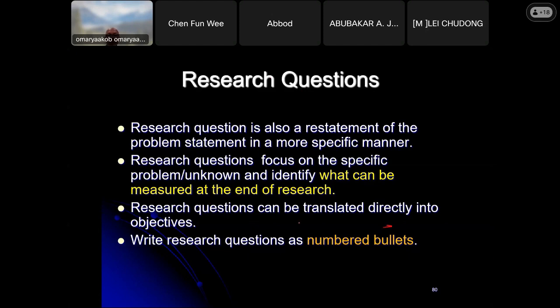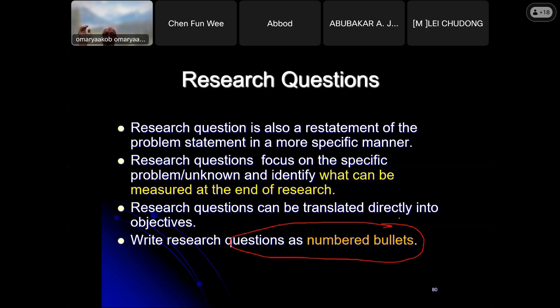This one I see many students make mistakes here. Research questions and objectives must be written as numbered bullets, and numbered means Arabic numbers: 1, 2, 3, not I, II, III and so on. So it is an Arabic numbered bullet. Because research questions and objectives are specific, proper names that will be referred to throughout the thesis.